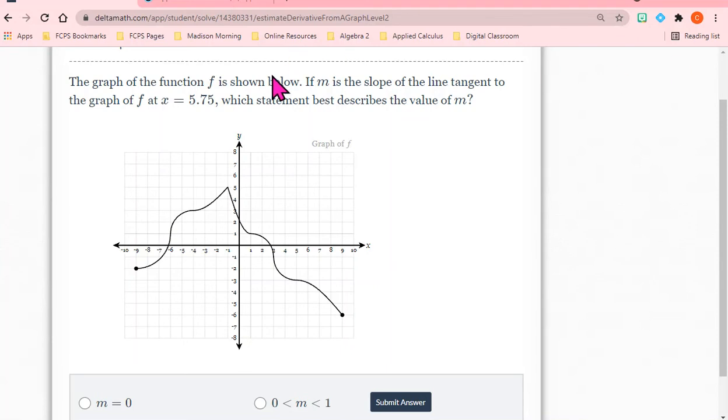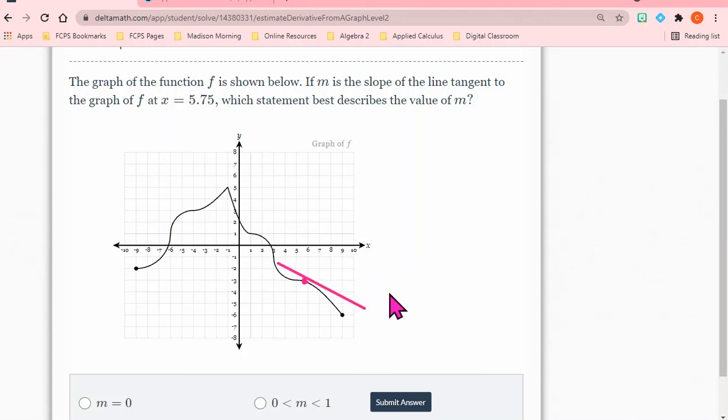Okay, so the first thing I'm doing here is the graph is shown, m is the slope of the tangent line at x equals 5.75. So I need to look at that spot on the graph. Remember, this is all visual, so it's what do you see? At 5.75 is like here. I'm going to sketch my tangent line, about like that.